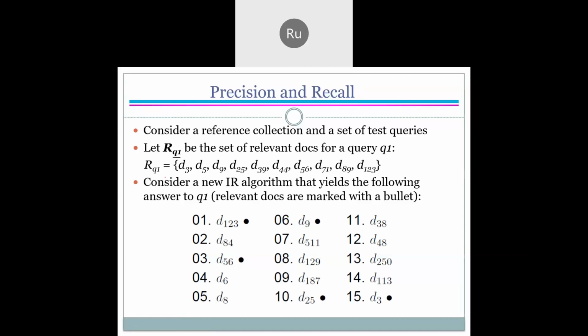So let's suppose that we have a query, and all the relevant documents that we have include 3, 5, 9, 25, 39, 44, 56, 71, 89, and 123. So all of these are relevant documents. Okay. So let's suppose the information retrieval algorithm returns you the result of 15 documents here.